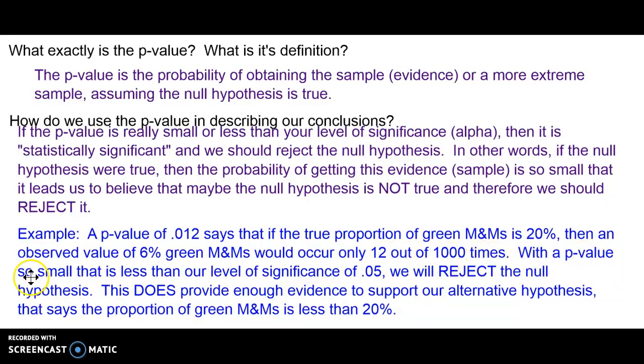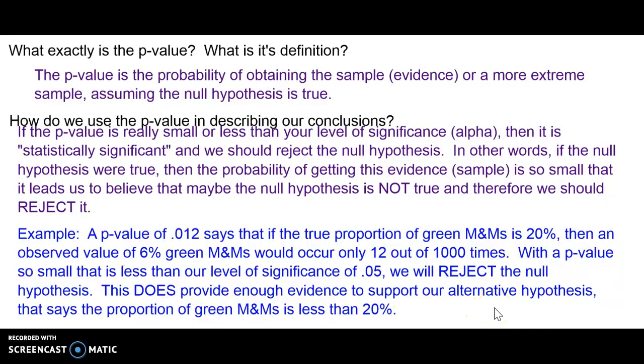With a p-value so small that it is less than our level of significance of 0.05, we will reject the null hypothesis. This does provide enough evidence to support our alternative hypothesis that says the proportion of green M&Ms is less than 20%.